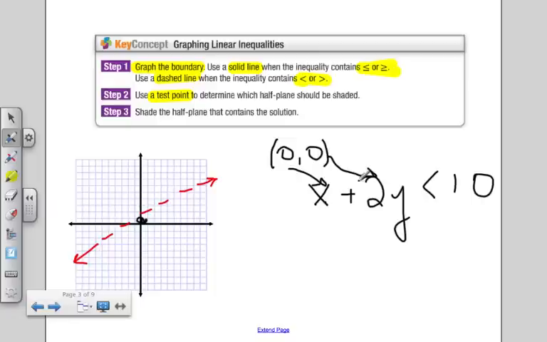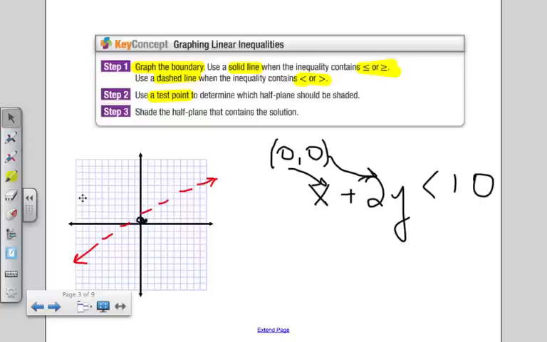So the answer to that is, yes. If I put 0 in for x and 0 in for y, and I solve that, I get 0 plus 2 times 0 is less than 10. And yes, that means that 0, 0 is part of the solution.